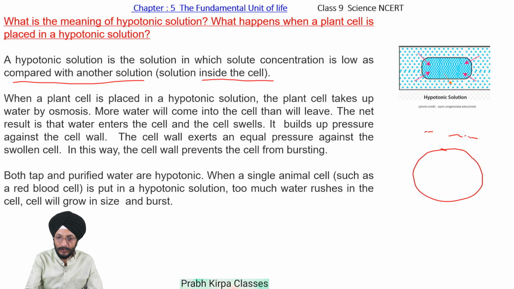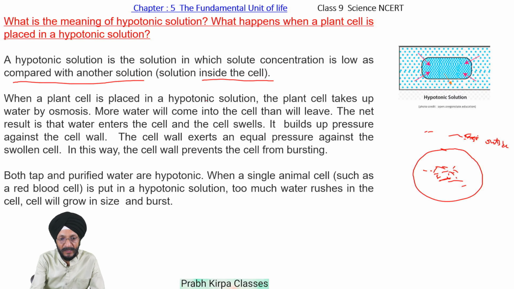This is the solution outside. This is the solution inside. So here, solute concentration is low. Outside is low solute concentration. That is, there is less, we can say, salt or any solute, which is in low concentration, but here the solute is in higher concentration inside.